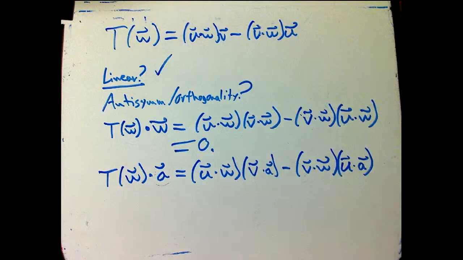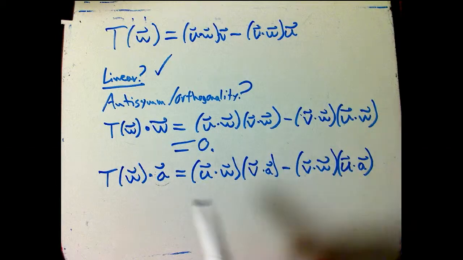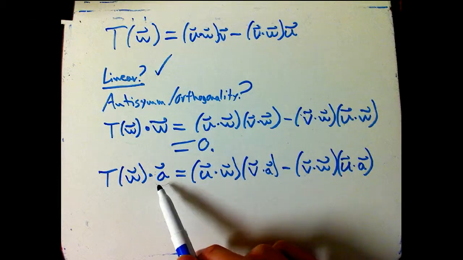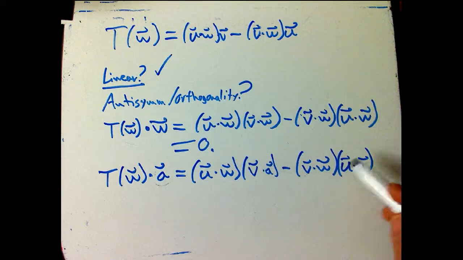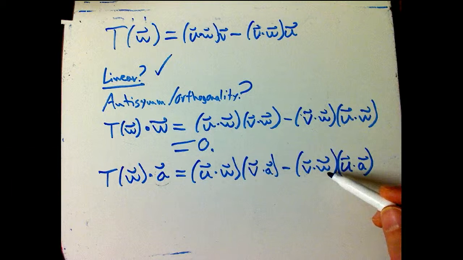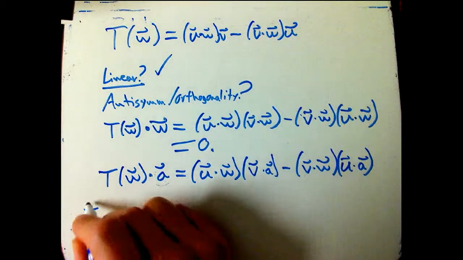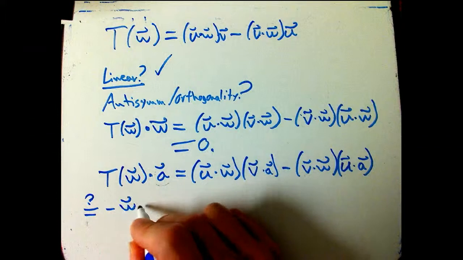And indeed, I think I did it wrong. Let's see. T of W dot A. U dot A. V dot W. Oh yeah. So is this equal to minus W dot TA?